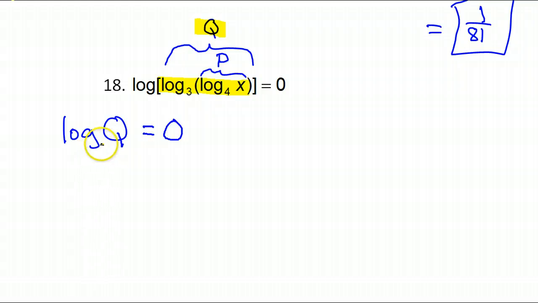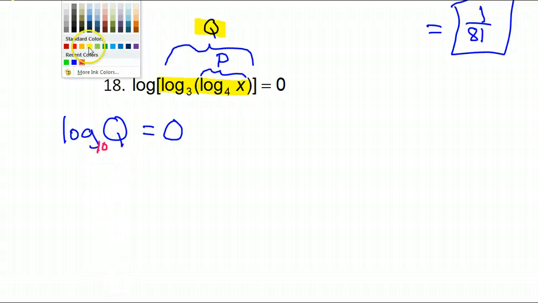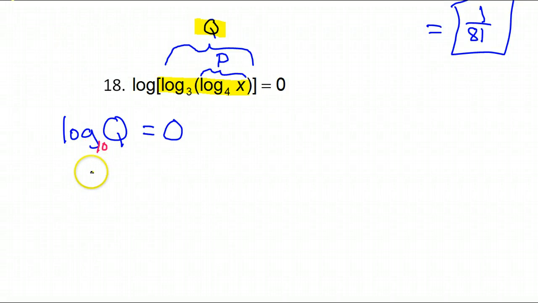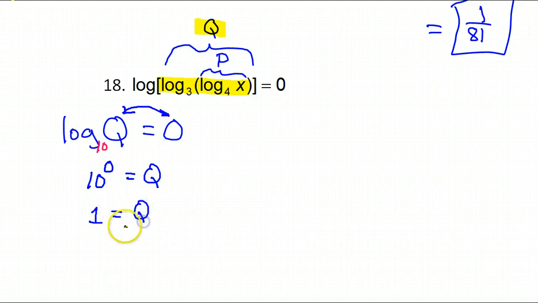Now, don't forget the invisible base 10. Let's write this in exponent form, starting with the base, the 10. If I bring that down and switch these around, then I'll have 10 to the 0 power equals Q. But anything to the 0 power is 1.